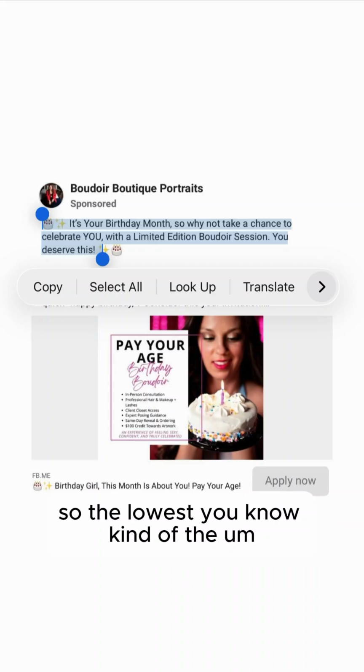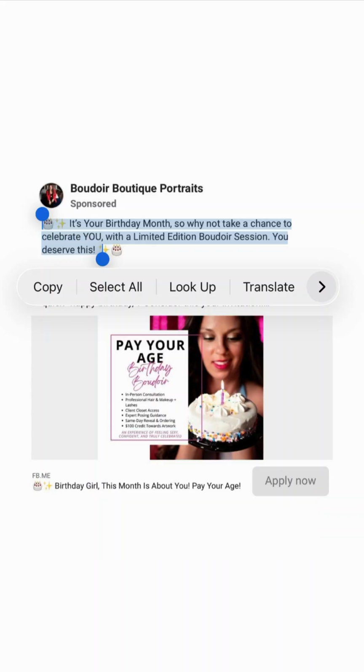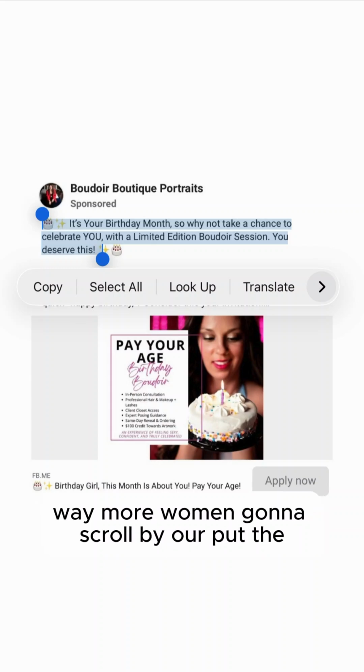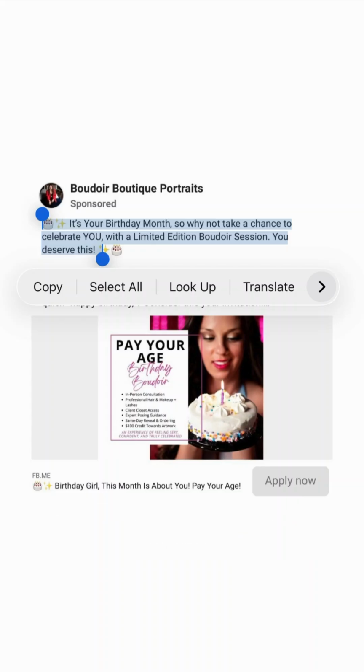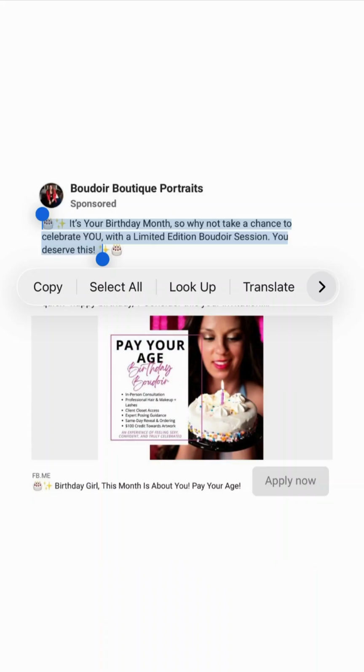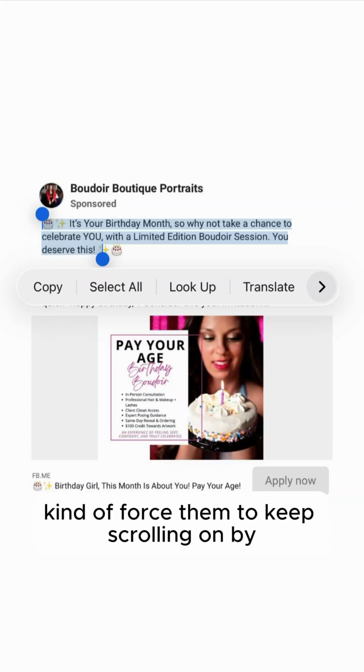The consequence of this is way more women are going to scroll by our Boudoir Facebook ad than necessary, women who could have been perfect to click in and potentially buy from us. The way we set it up kind of forces them to keep scrolling on by.